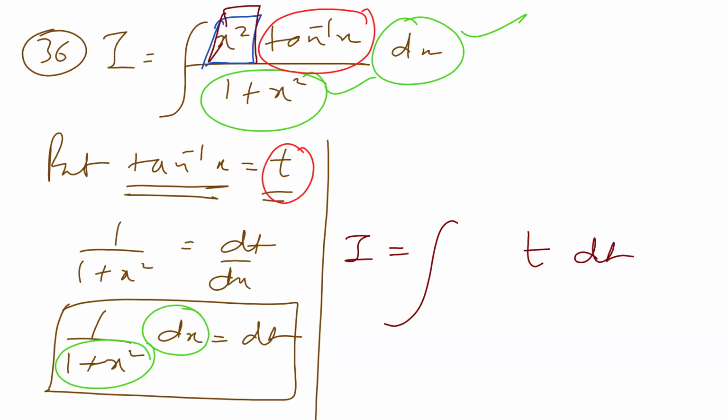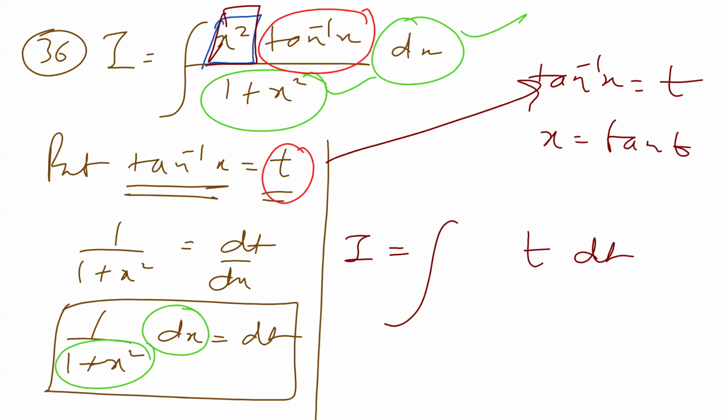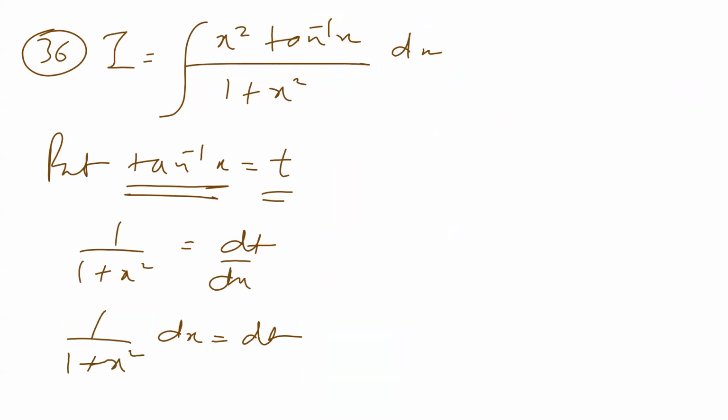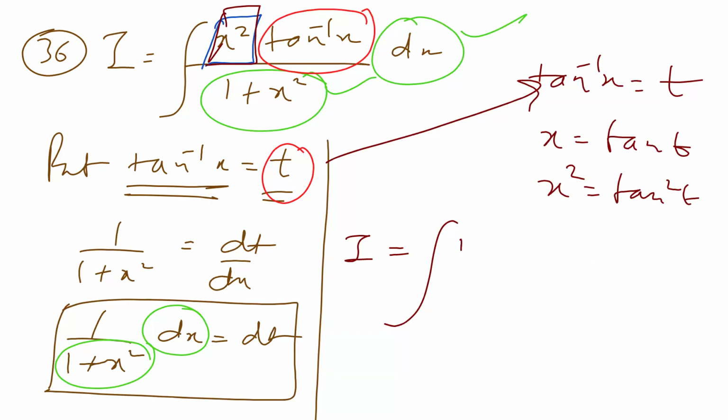Now if tan inverse x is equal to t, so x is equal to tan t. So x square is equal to tan square t. So this will be tan square t into t dt.